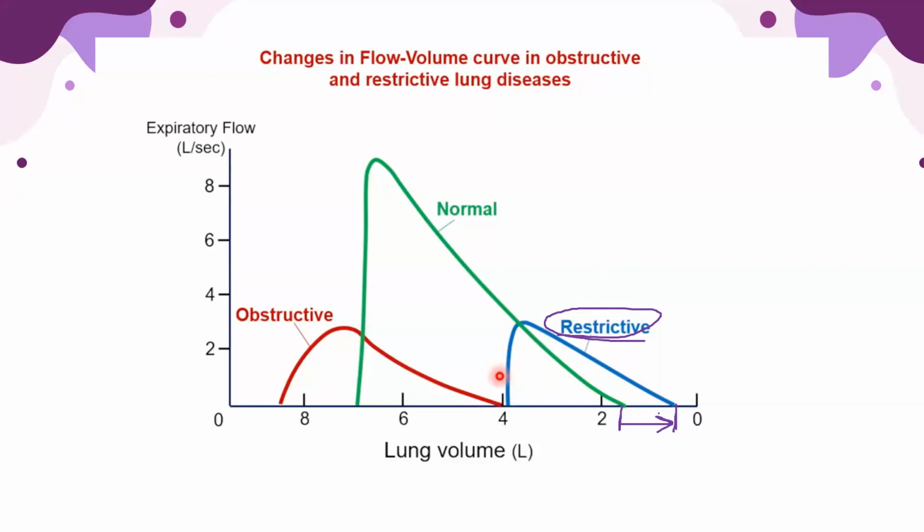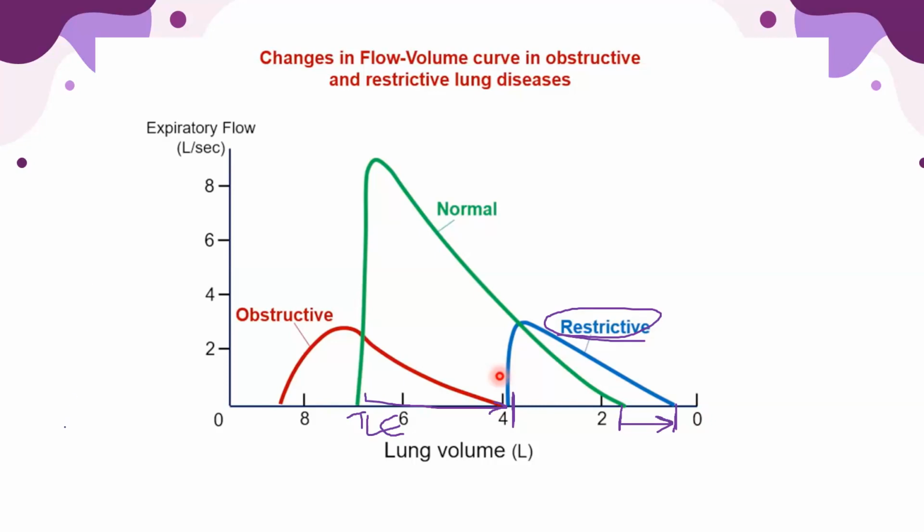Same thing goes for total lung capacity, because the patient isn't able to breathe in enough air since the lungs are no longer accommodating to air, so total lung capacity has decreased. The person is putting in more force during exhalation, so residual volume also decreases.